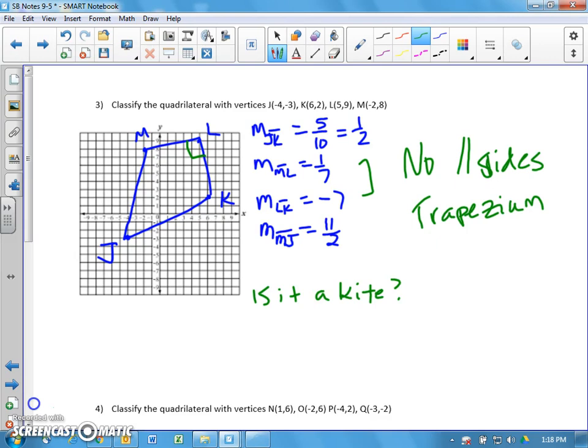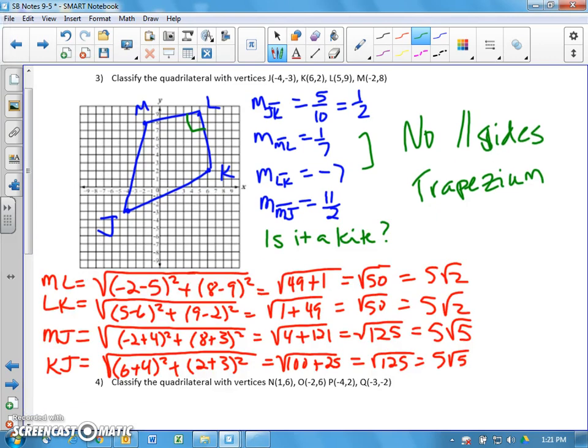So let's go find our side lengths so that we can do that. Okay, so here are our side lengths, and we are able to see that ML is congruent to LK and that MJ is congruent to KJ, which means that JKLM is a kite.